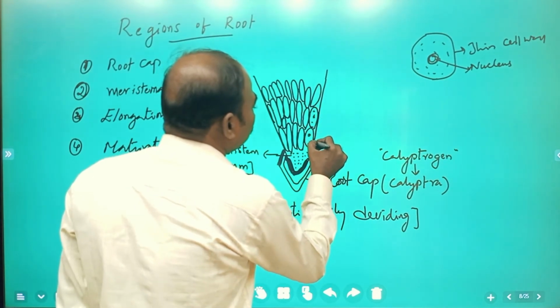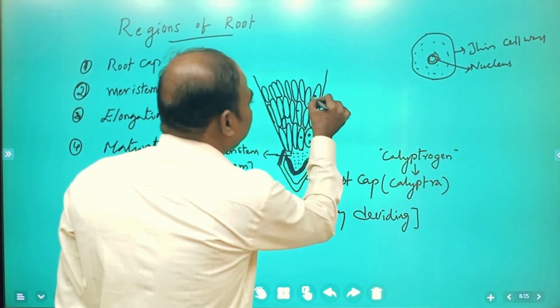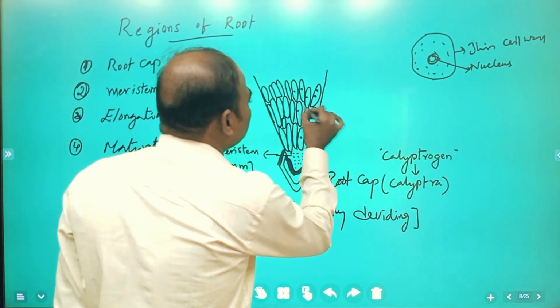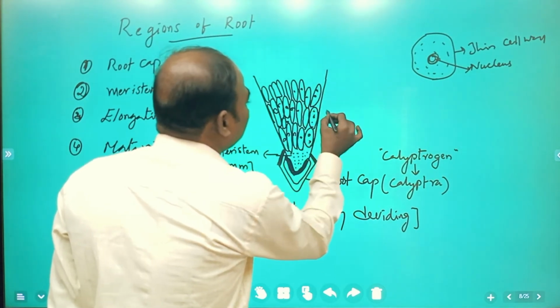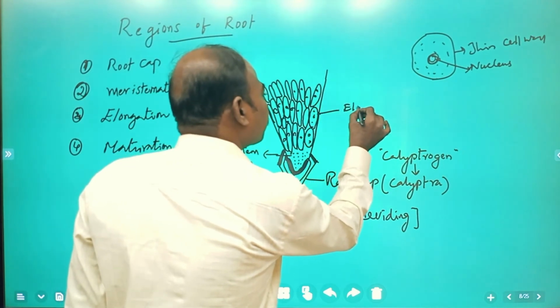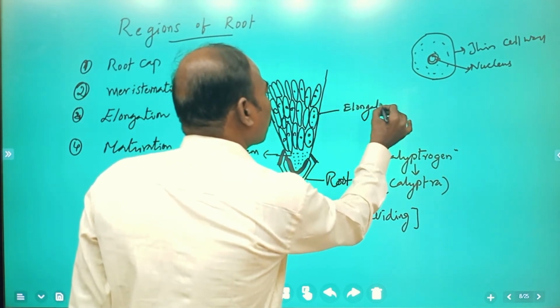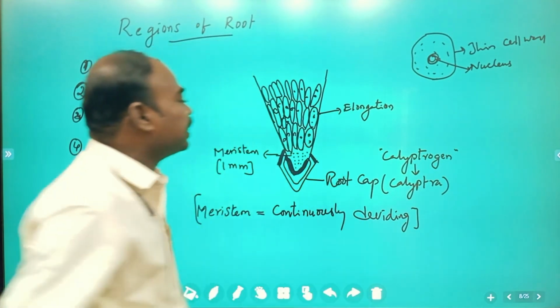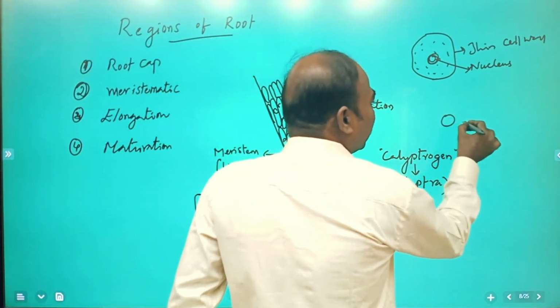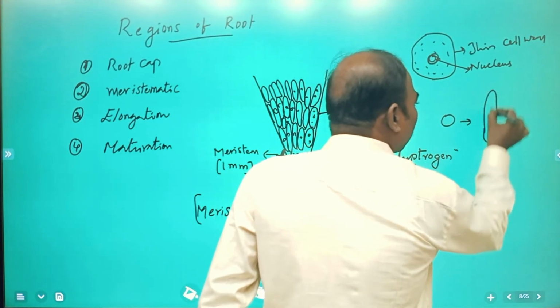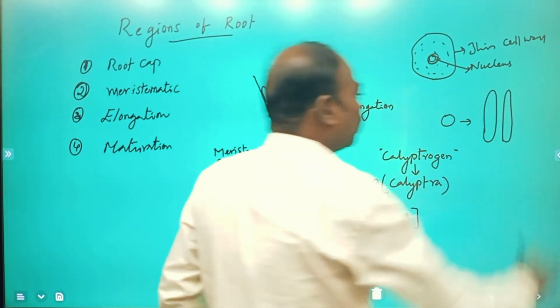Vacuoles are developed and thickening of the cell wall develops, which helps the elongation. The meristematic cell undergoes elongation like this, lengthwise growth.